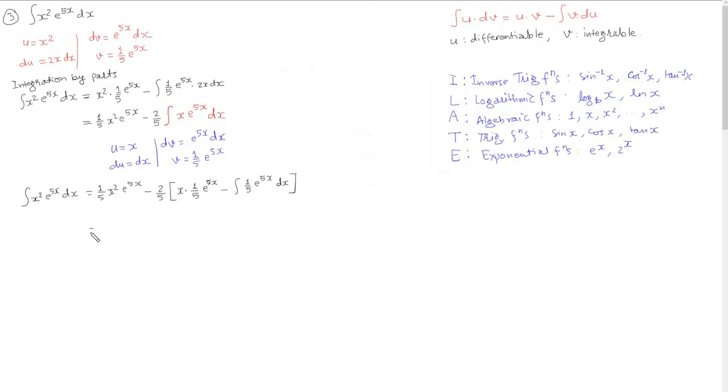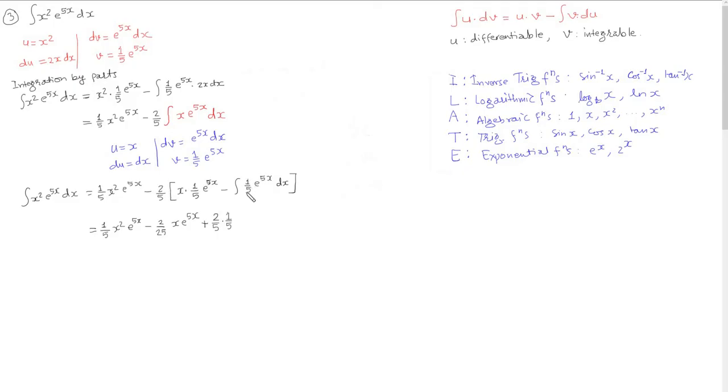Okay. So we have 1 by 5 x square e to the power 5x minus, okay, this is 2 times 1 is 2 and 5 times 5 is 25, x e to the power 5x, then negative times negative is positive 2 by 5.